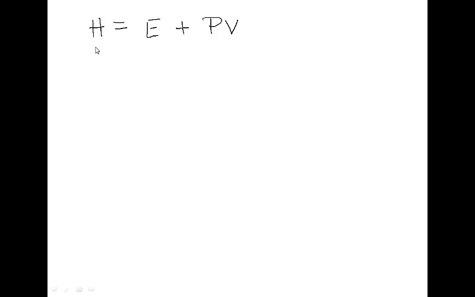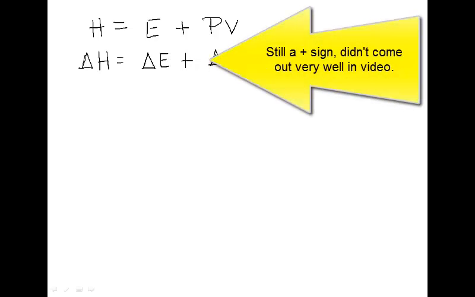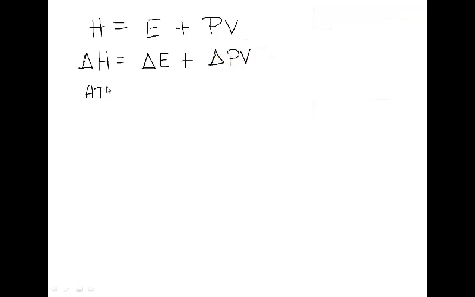It's really hard to find the exact enthalpy of a system, so we find the change in enthalpy. And at constant pressure, which is no change in pressure, it becomes change in enthalpy being equal to the change in internal energy plus pressure, whatever the constant pressure is, and change of volume.